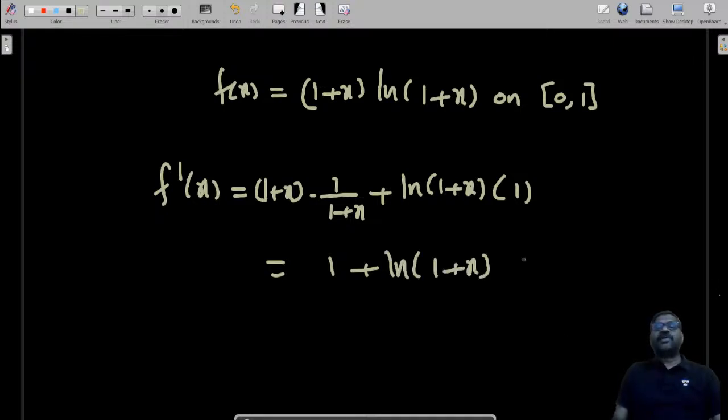That is 1 plus log 1 plus x, which is finite for all x belongs to 0 comma 1. Okay? Now f dash x is finite.